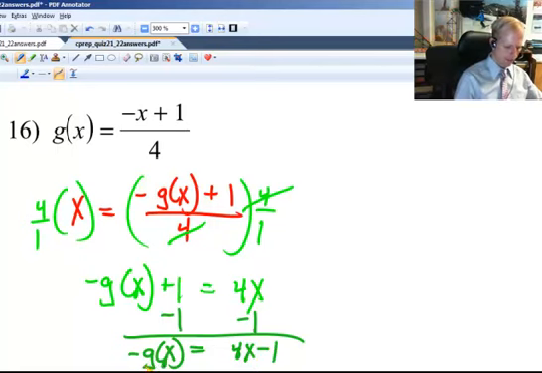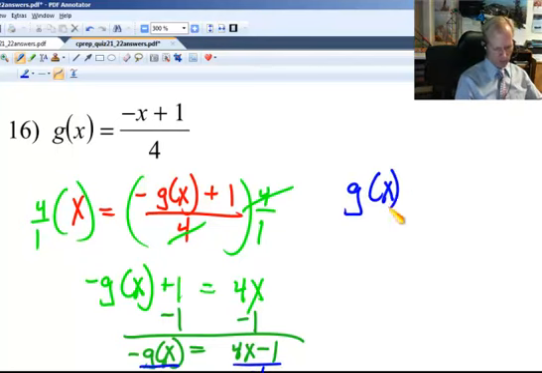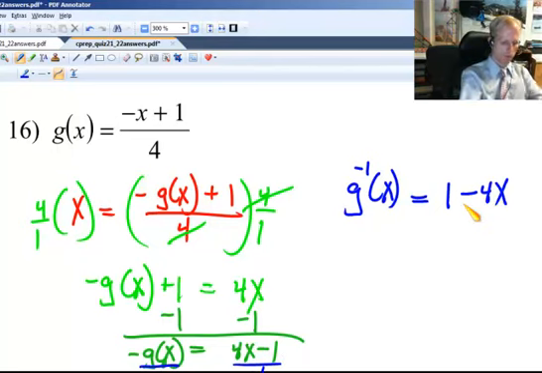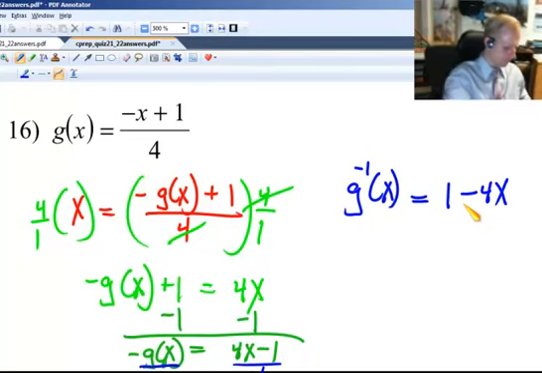And then the last step, divide by negative 1. So I get g inverse of x, equals 1 minus 4x. Because that's negative 4x plus 1, which is 1 minus 4x.